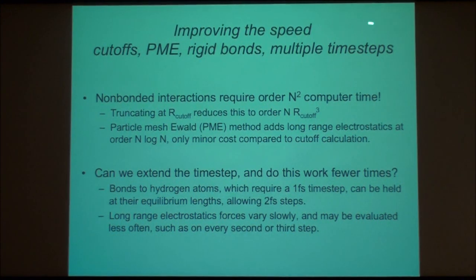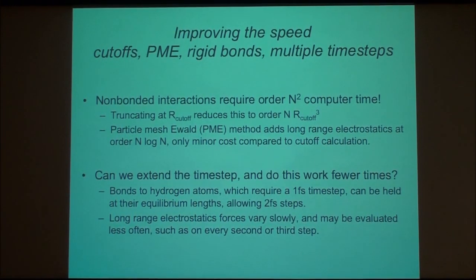You can also decide to use multiple time stepping. Certain interactions might fluctuate much more frequently, so you have to recalculate them every time step, whereas other parts of the interaction, like your long-range interaction, might not change a lot. Your PME type of interaction might not change a lot. So you don't have to recalculate those forces every time step.